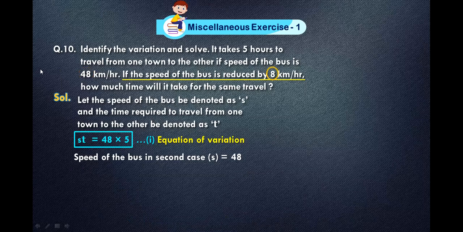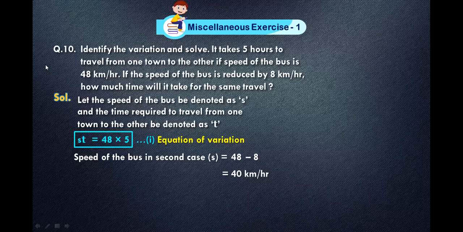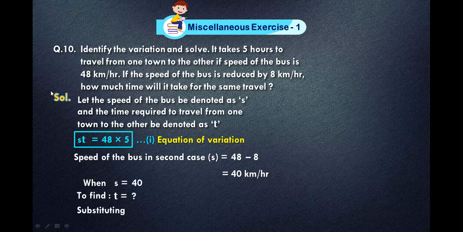Then it was reduced by 8. So total will be 40 kilometers per hour, right? Correct. So in the second case, the speed will be 40 kilometers per hour. Understood? Now we have to find the time taken when the speed is 40. So take the help of the equation of variation.